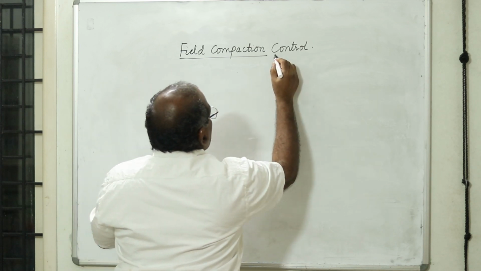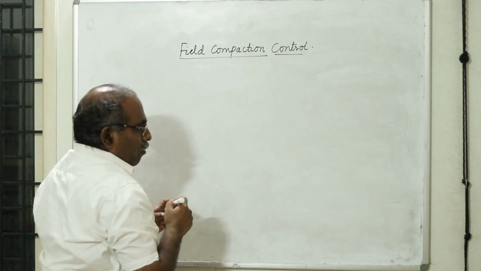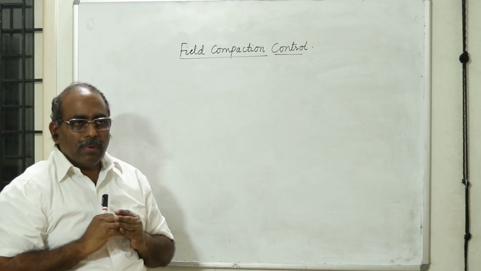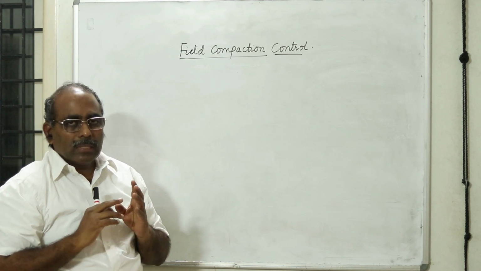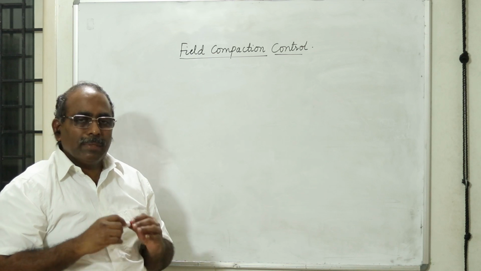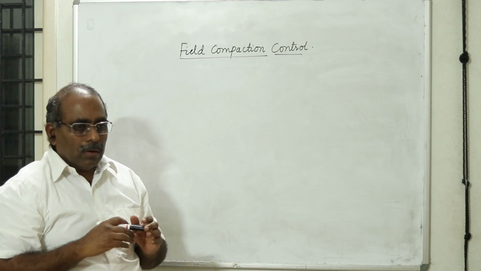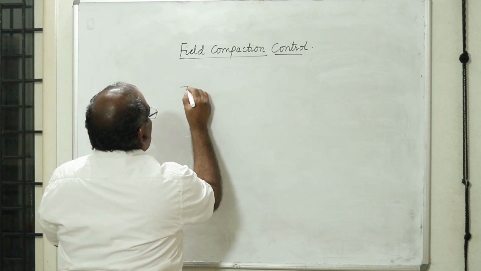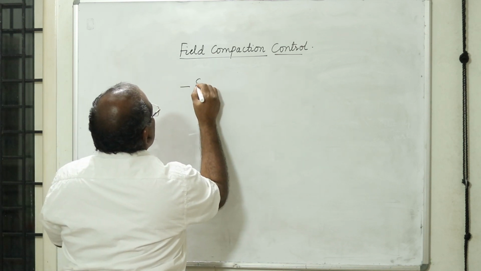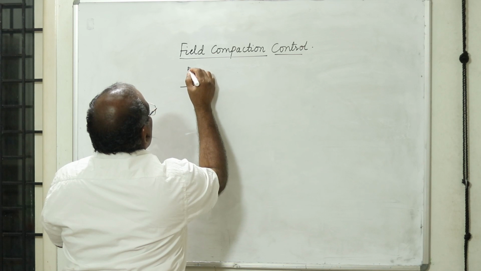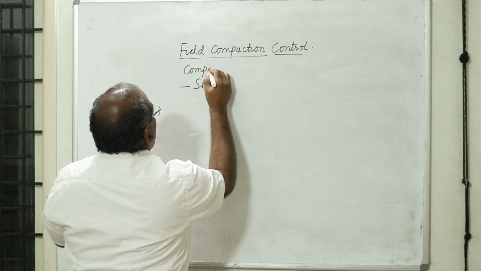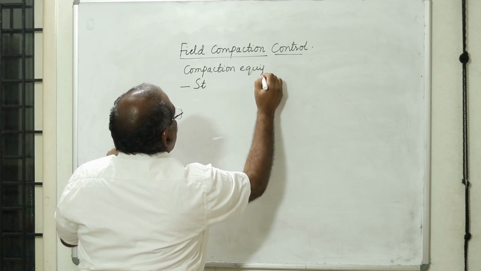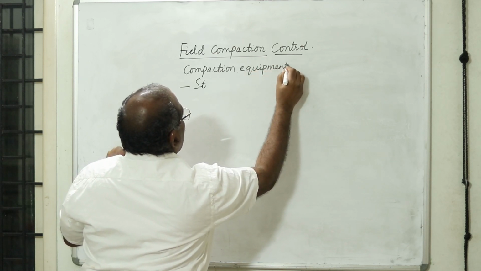In the field compaction, we need to compact the soil. How to compact the soil? We need to choose different types of rollers. The type of roller to be chosen depends upon the type of soil. Now we have got different types of rollers depending upon the soil. Therefore we have got steel type rollers. These are the compaction equipment. Equipment is singular as well as plural.